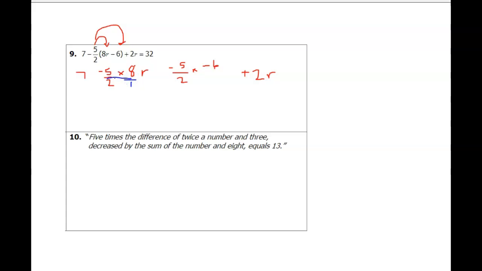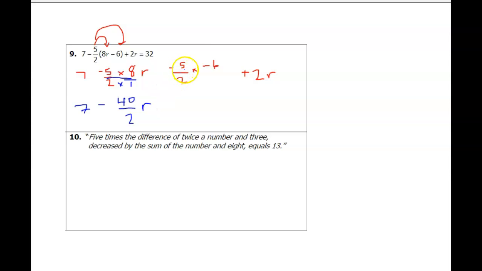So when I multiply negative 5 over 2 times 8R, I'm going to just put a 1 over the 8, and I'll multiply across. Negative 5 times 8 is negative 40. And over 2 times 1 is just 2. So negative 40 over 2R.